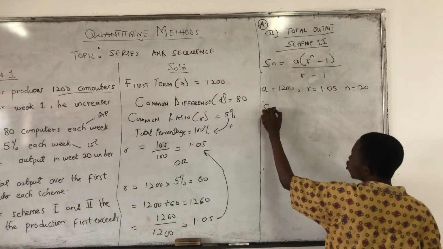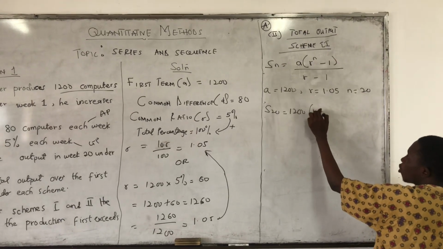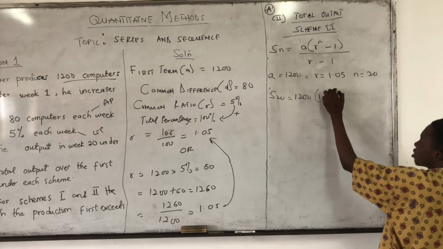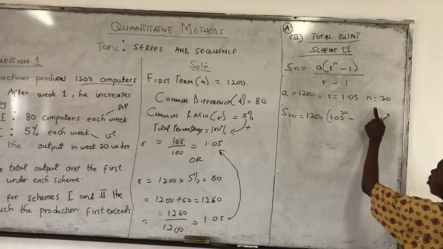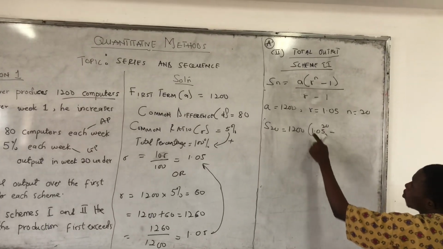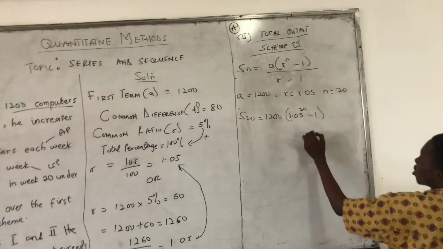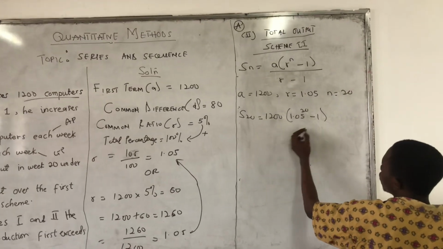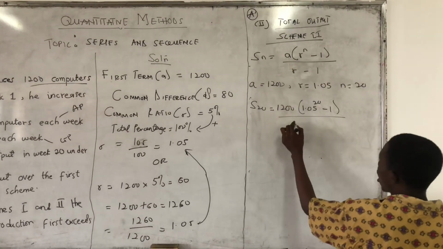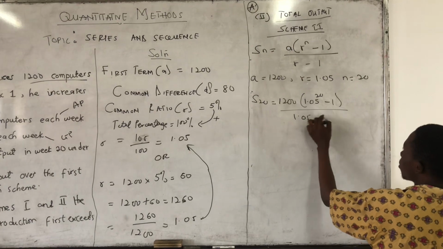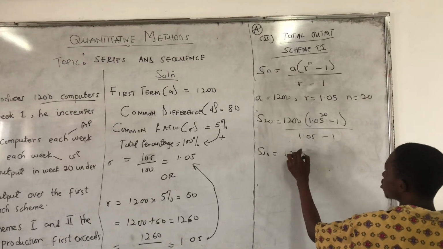So we have S20 is equal to A is 1,200, R is 1.05, N is 20, we have this here, minus 1. Okay, that's it. Now we have R minus 1, so R is 1.05 minus 1. So S20 is equal to 1,200.